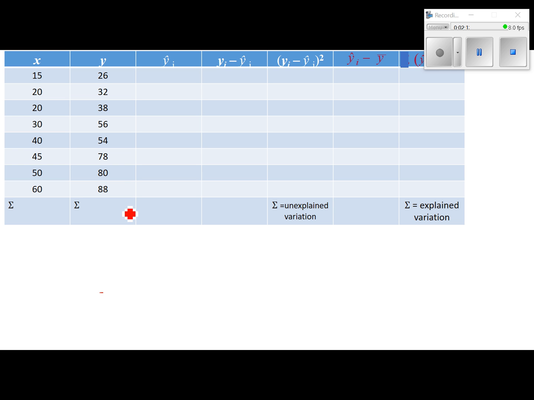I know you can't see this last one out here. Remember these last two out here? These last two we really don't need, but I'm probably going to use them and find them anyway.